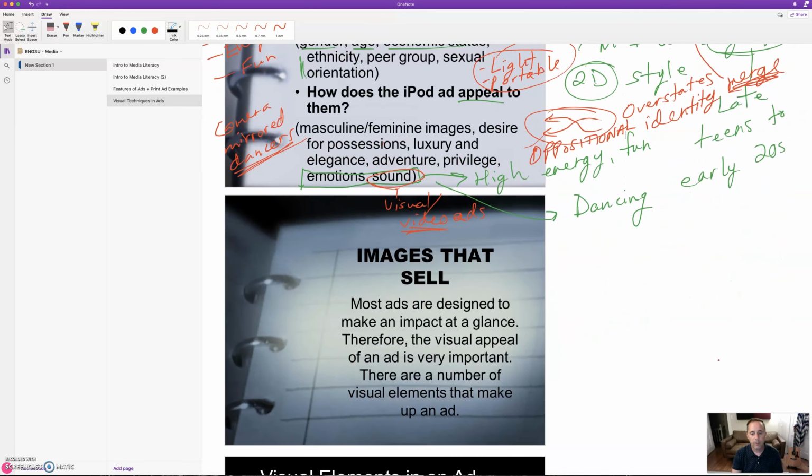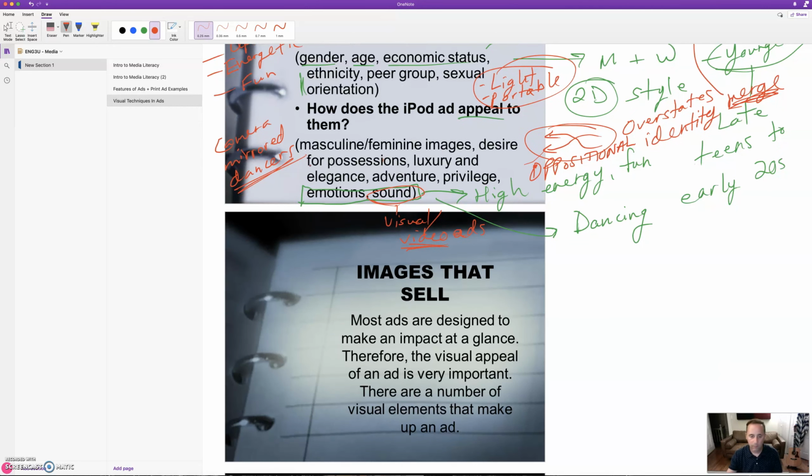We're going to look at some print ads. Okay, so thinking about images that sell, these ads are designed to make an impact at a glance. So it needs to be quick, and it needs to be a strong, clear message that doesn't take a lot of time to decode.